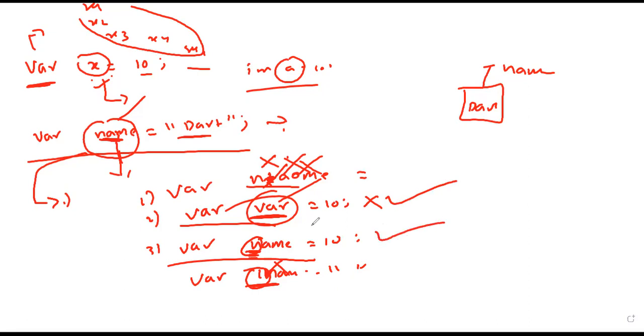Next one: the first letter of the variable is a letter, that is already done. What about this one? Special characters like spaces and mathematical operators are not allowed. Got it? These are the rules to create a variable.